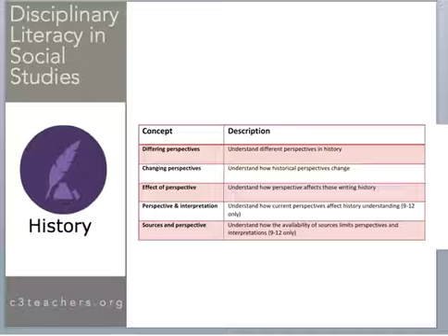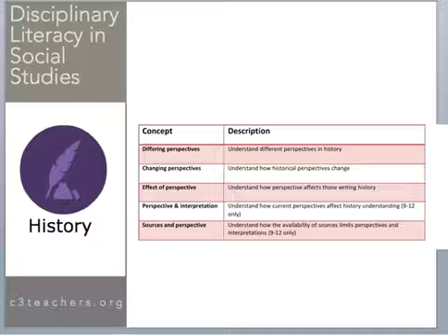The fifth is about sources and perspectives, and this is an understanding of how we know about the past, how the past is affected by the sources we have access to. So again, it's this idea that what we know about this past is in many ways a product of the sources that we have from the past.